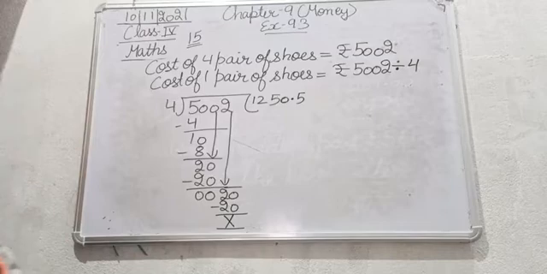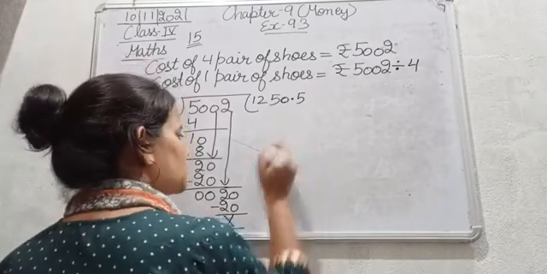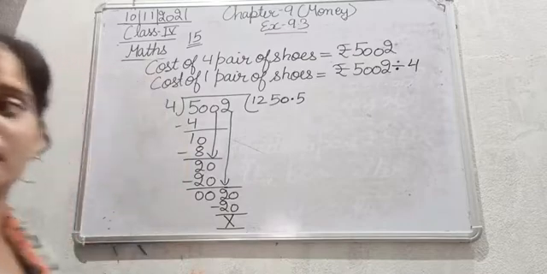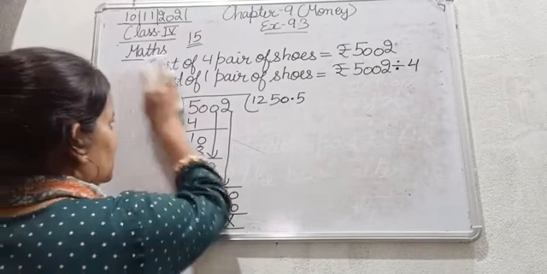So this is the cost of 1 pair of shoes, that is 1250 rupees and 50 paisa. Now we can easily find the cost of 3 pairs of shoes. So let's find out.